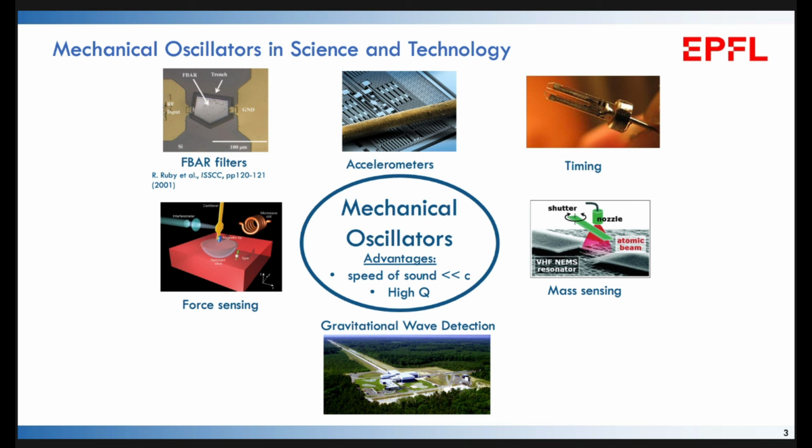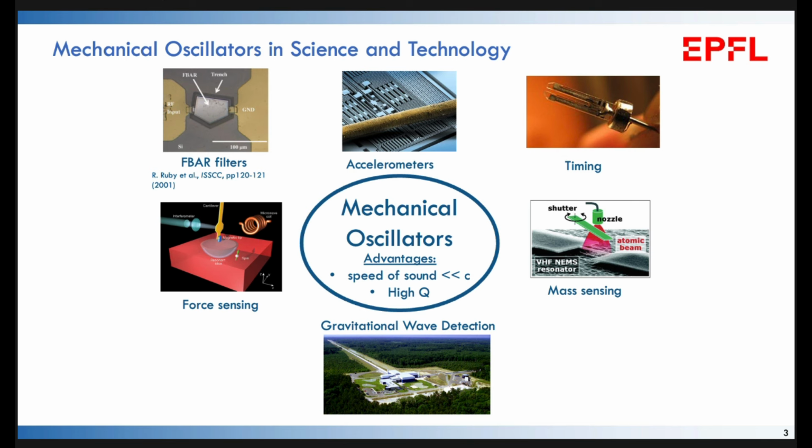So first of all, mechanical systems are part of our daily lives. They are technology. They are used in timing. I come from Switzerland, so they're used in quartz crystal oscillators historically. They're used for accelerometers. They're used in atomic force microscopes. Again, I come from Switzerland, so we're very proud of having some of the pioneers of AFM here.